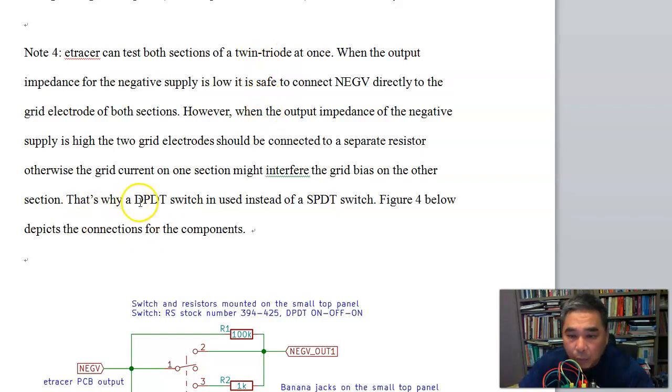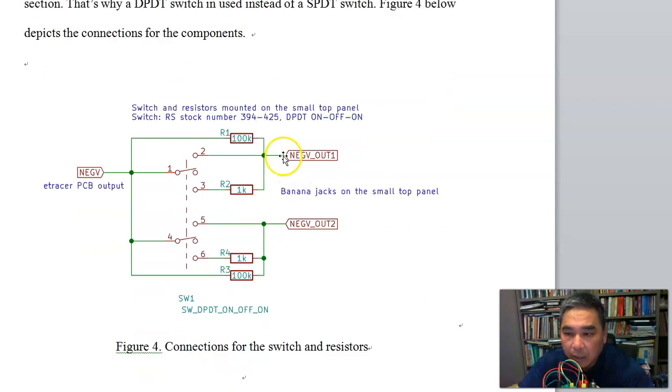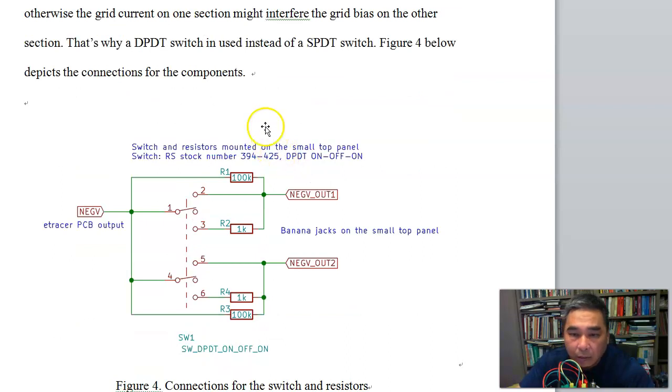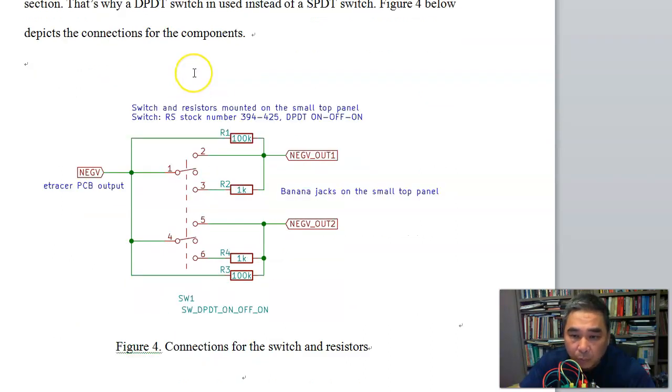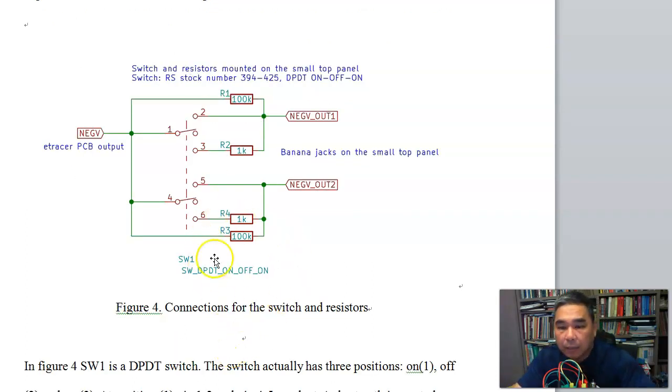Okay, so that's the reason why I use the DPDT, the double pole double throw switch, instead of the single pole double throw switch. So figure 4 is the connection we want to make on the eTracer. This big switch is a double DPDT switch, and it actually has 3 positions.